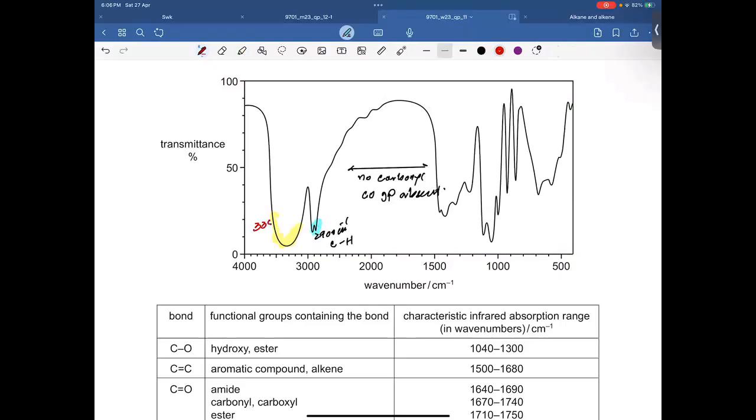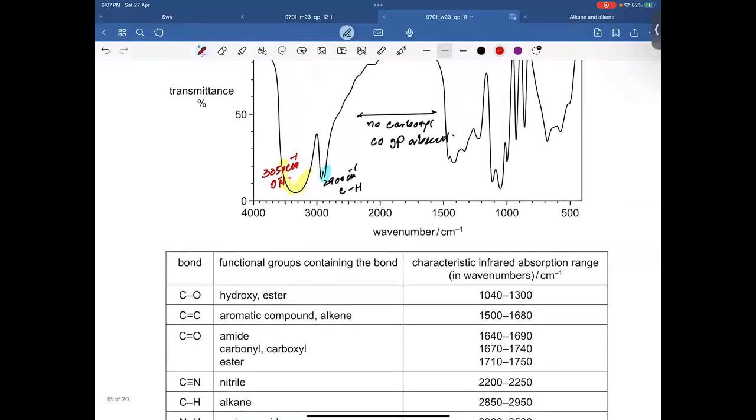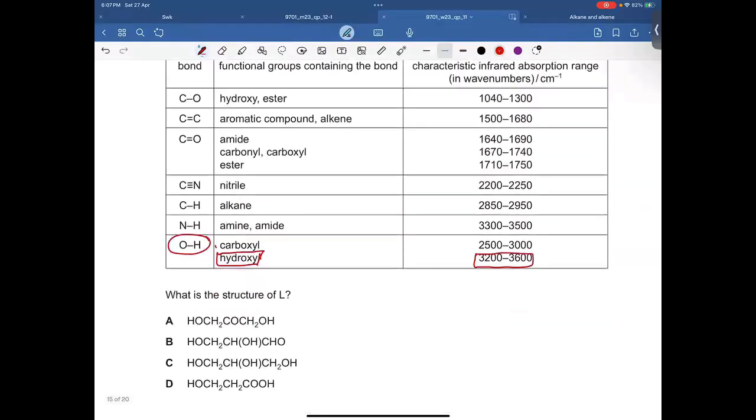So that must be an alcohol, which is OH. That is hydroxy. That means OH functional group, right? So we have alcohol functional group.